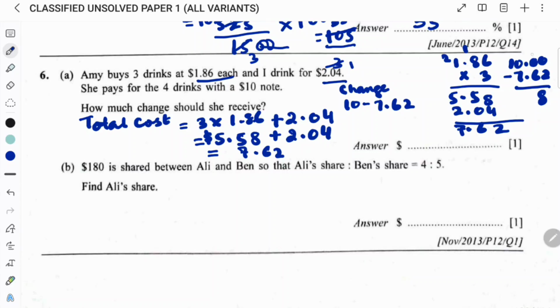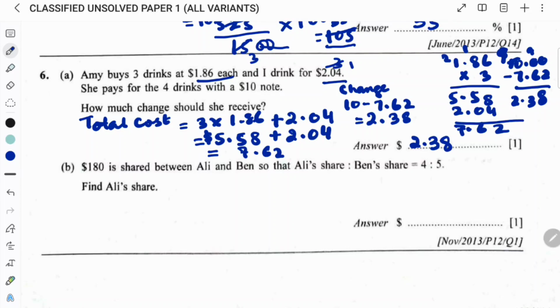So 6 and 9 will become 3, and here we borrowed one, so the 10 becomes 9. So 9 and 7, 2. So that is 2.38, the change she receives.